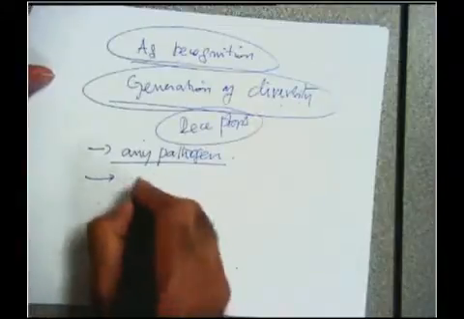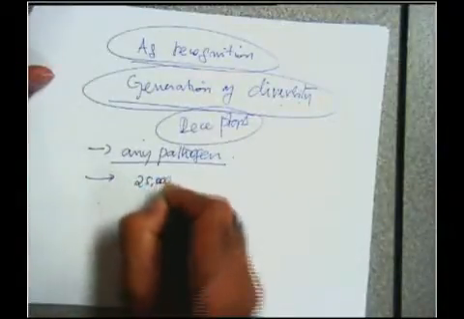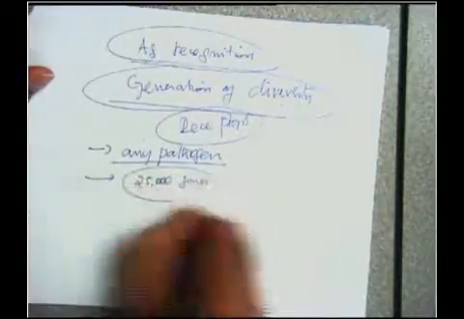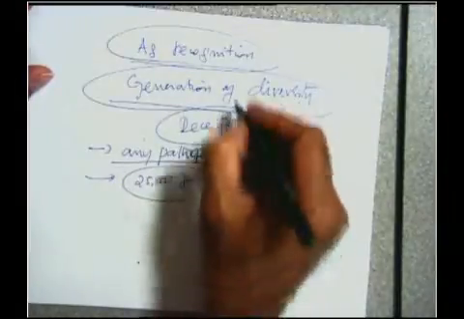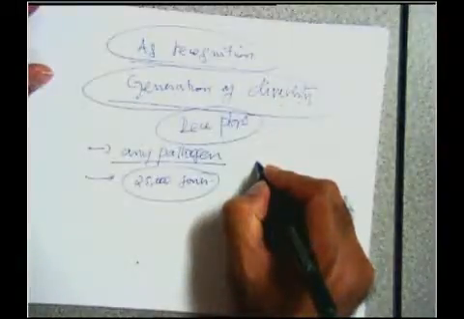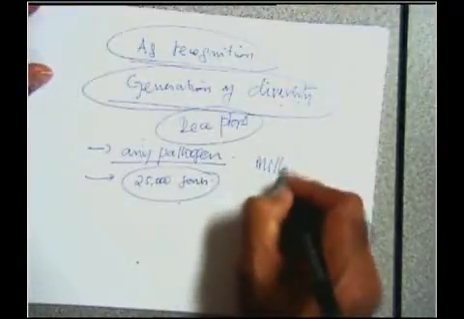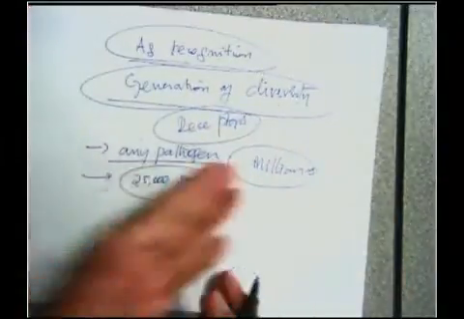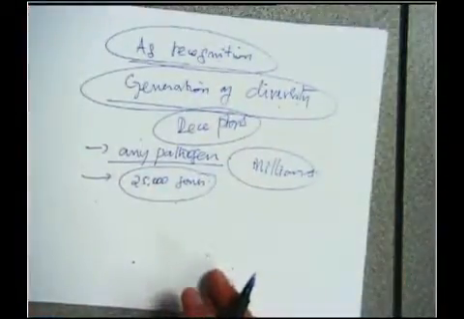So we have only 25,000 genes. But for the recognition of different types of antigen, you may have millions of different types. We don't have millions of genes in our system.